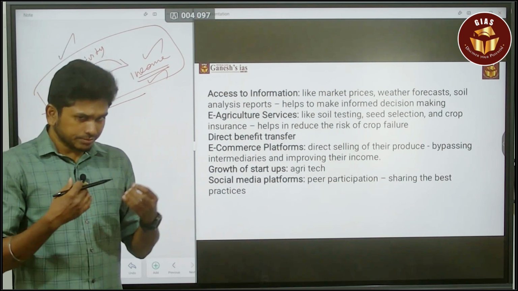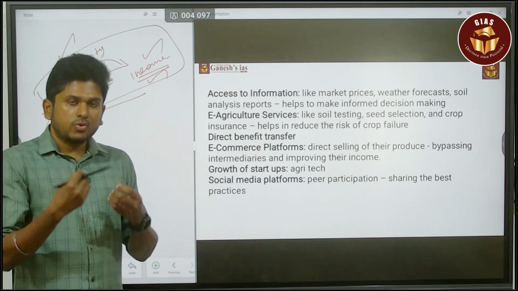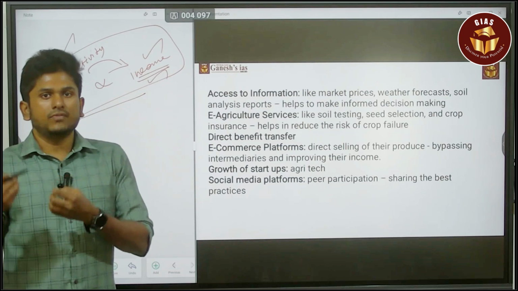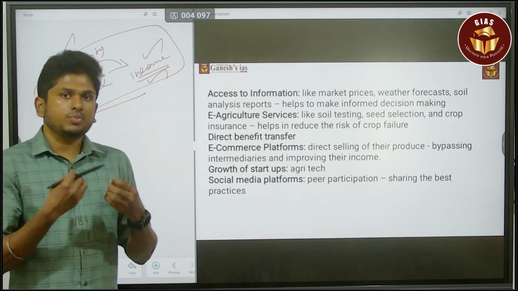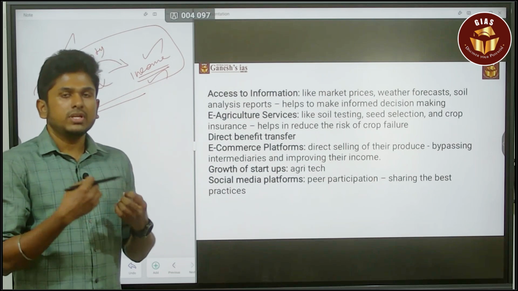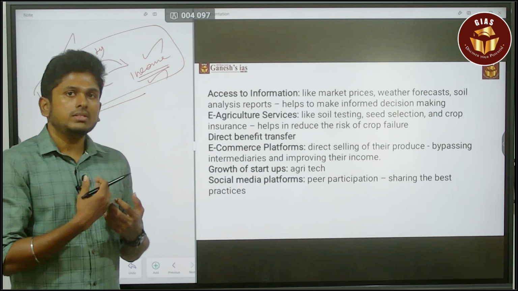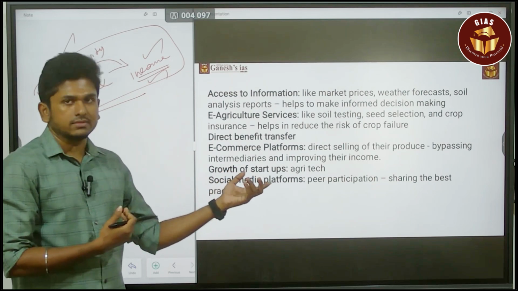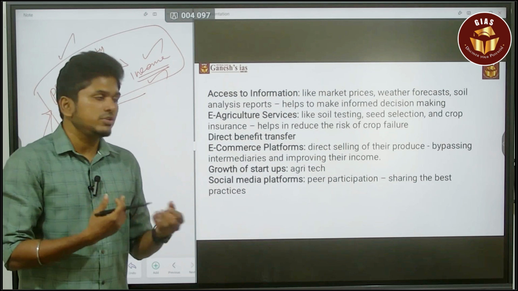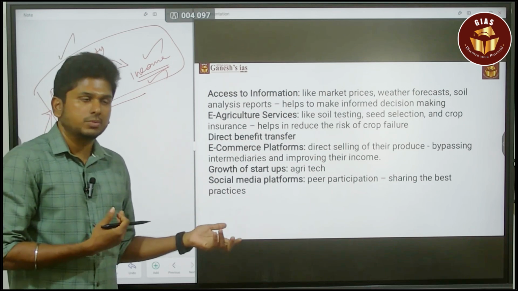Based on satellite data and remote sensing data, they forecast the productivity of the land and also the weather, based on which they provide loans to the farmer. Based on that only, they provide crop insurance coverage. So all these things are done by agri tech. The agri tech companies are also increasing due to this Digital India program, so that is also going to benefit the farmer.